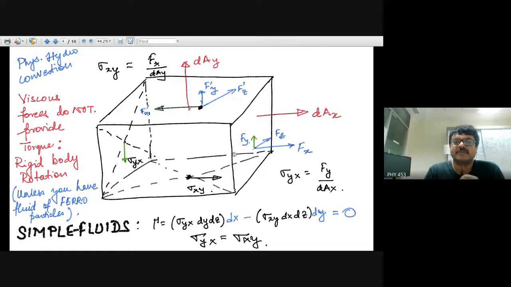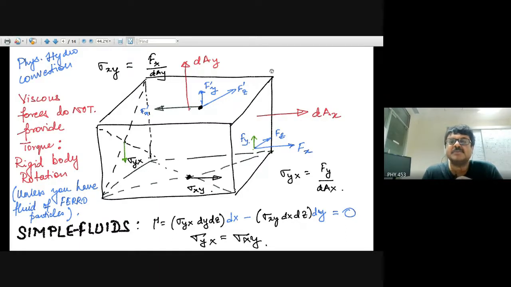So this is acting in this direction, this is acting in this direction, but there's a torque which will depend on the distance between. And similarly the torque acting on this is sigma xy into dy, which is dz into dx. That's what I've written, dx into dz.